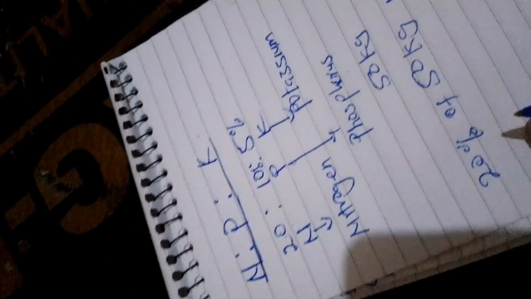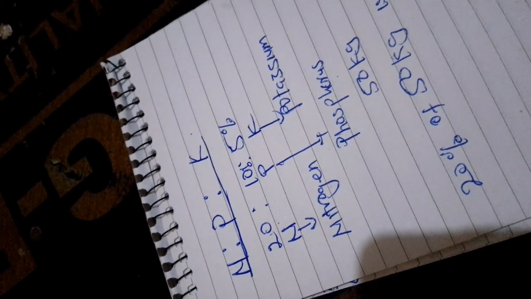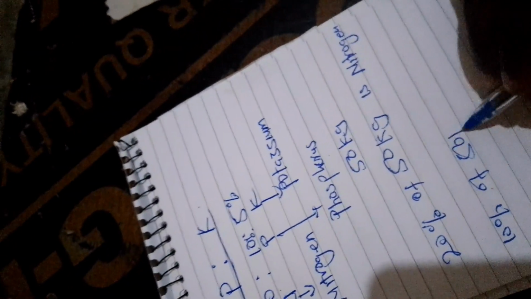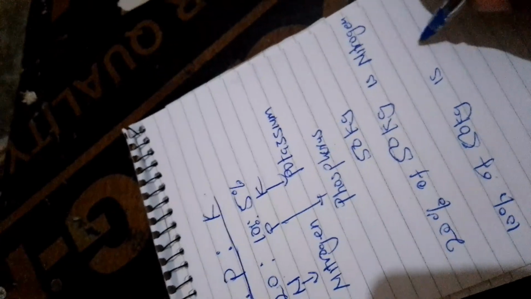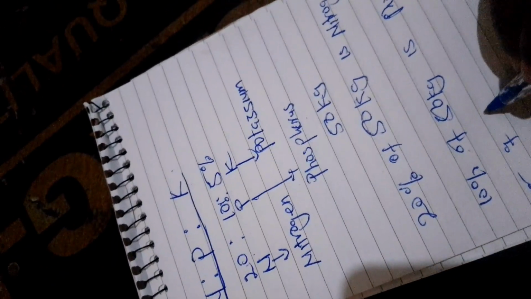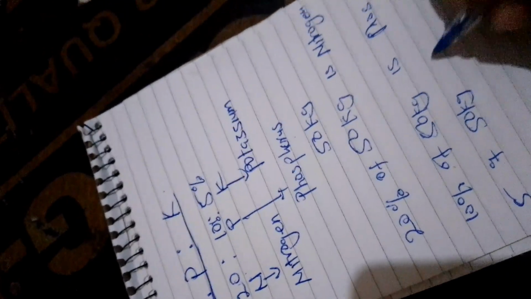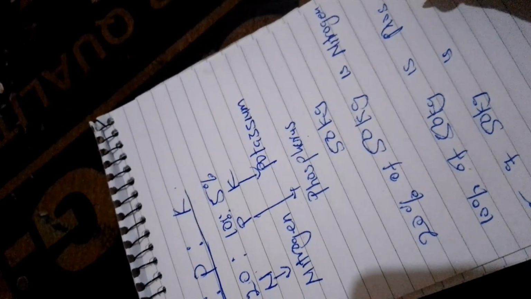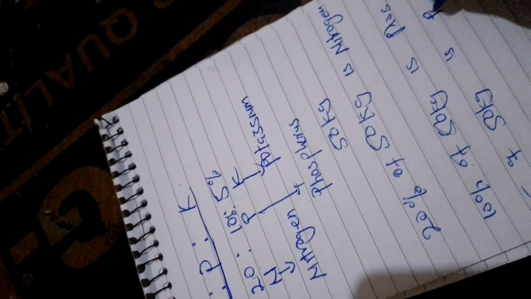Do you understand? That means 20% of the 50 kg is nitrogen, and then 10% of the 50 kg is your phosphorus, and 5% of the 50 kg is your potassium.